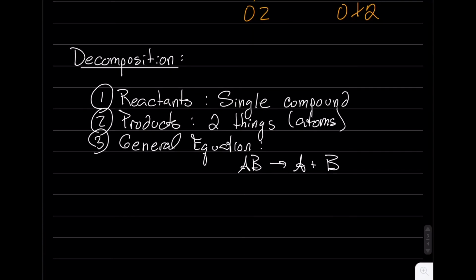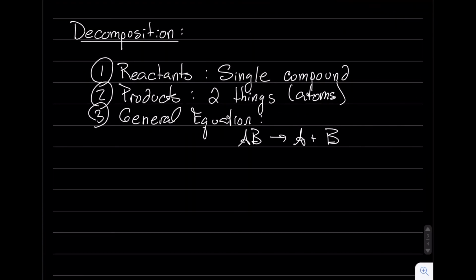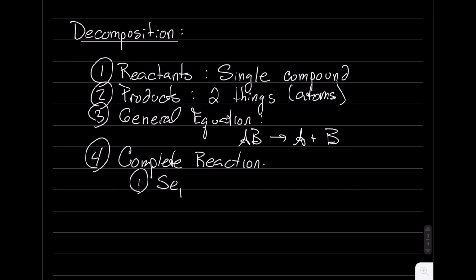All right, so what do you need to do to complete the reaction or to predict products? To complete the reaction, you really just separate the single compound into single atoms.